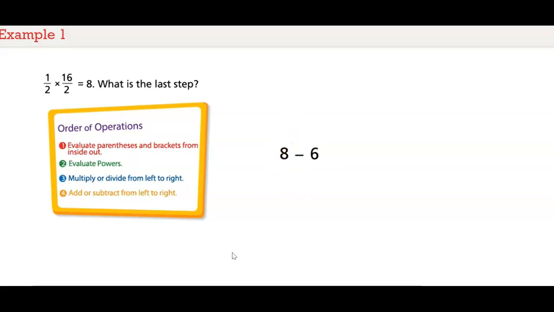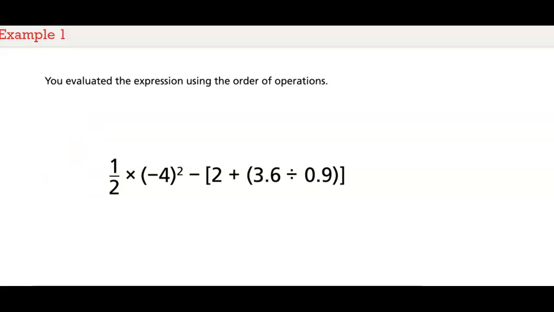What is the last step? Add or subtract from left to right. 8 minus 6 equals 2. You evaluated the expression using the order of operations.